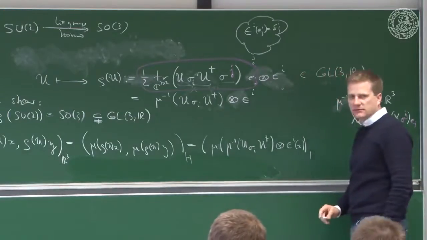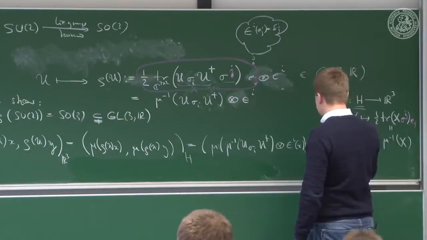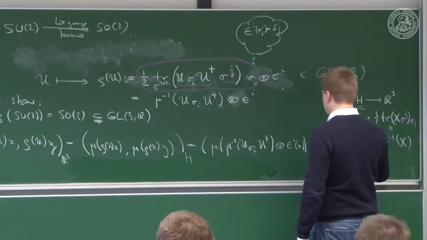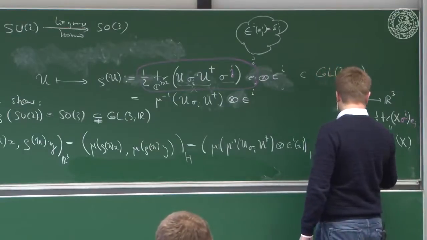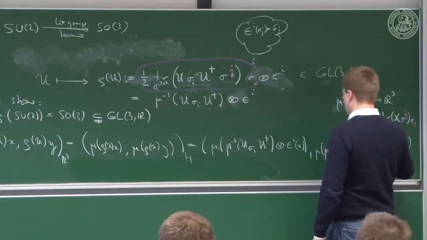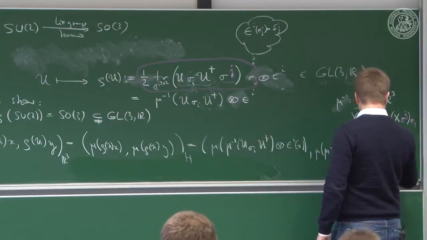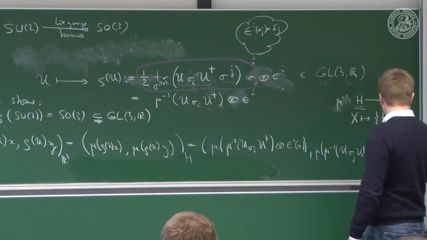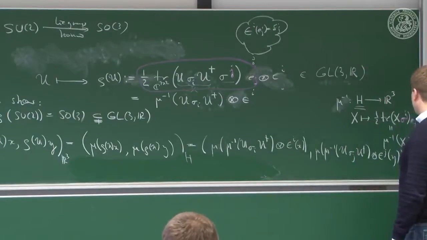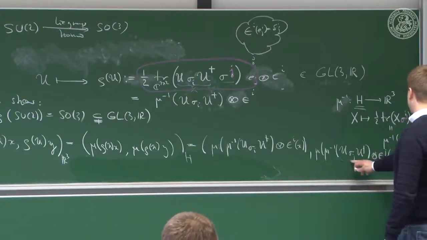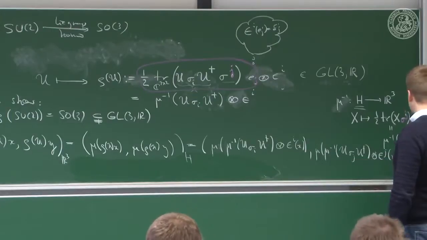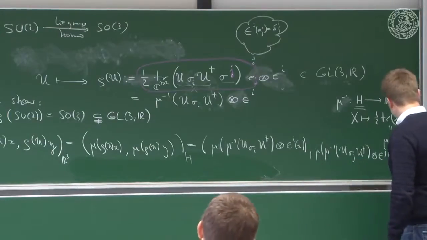So far, so good, right? And then the same thing again, it's mu of mu inverse of u sigma j u dagger, tensor product epsilon j acting on the y, bracket of the mu closes, and the bracket capital H closes.